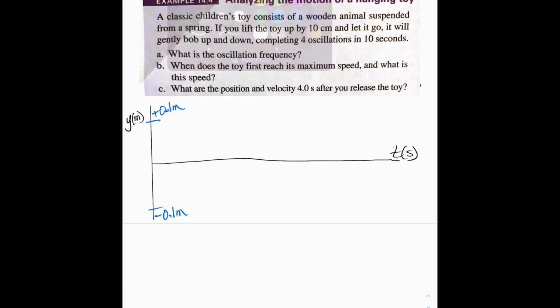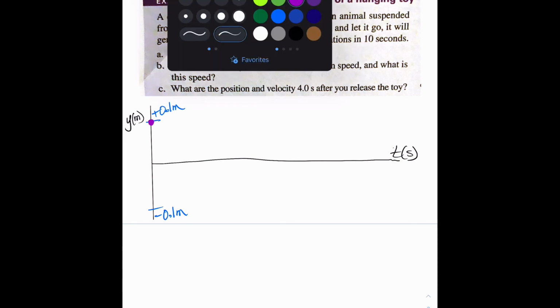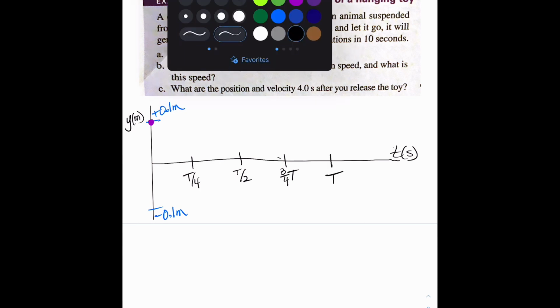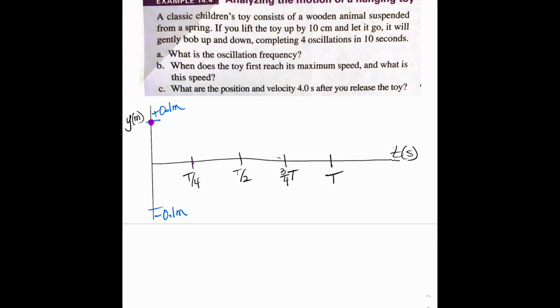And we're saying that it's going to start here, and this is just going to be a positive cosine wave, just like we had last time. Here's T over 4, here's T over 2, here's 3/4 T, and here's T right here. And we can see, by starting here, it's going to take this kind of path right here of simple harmonic motion.